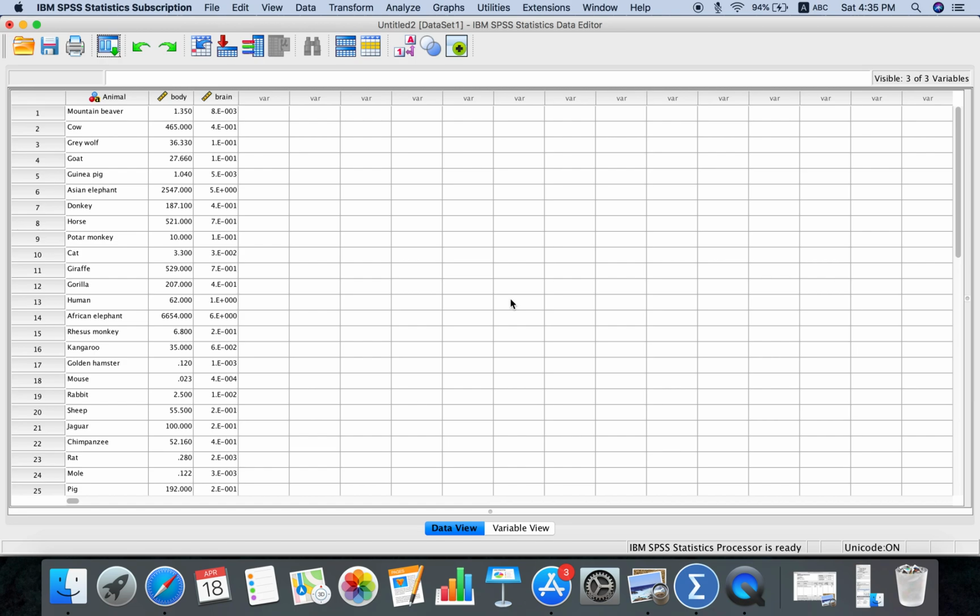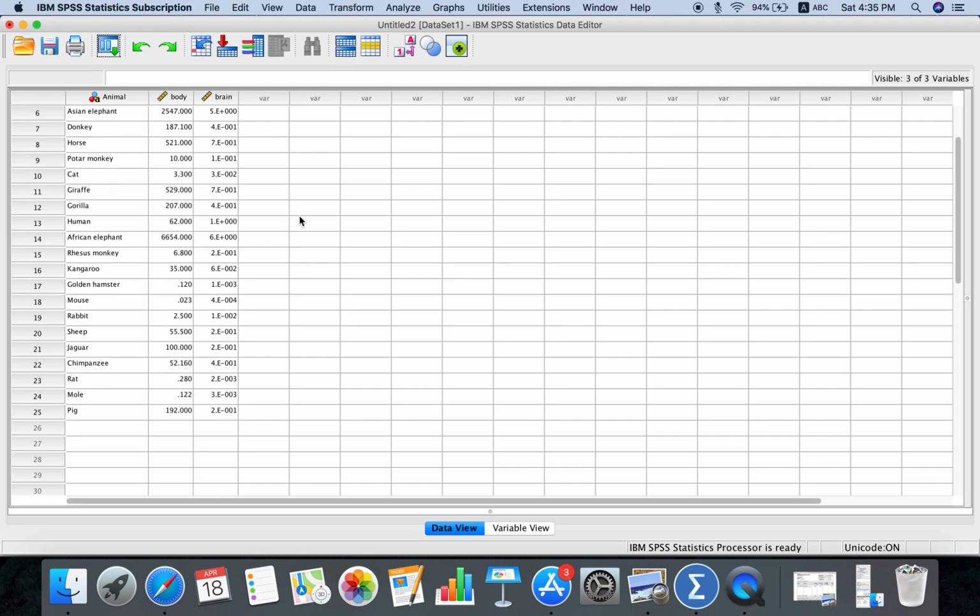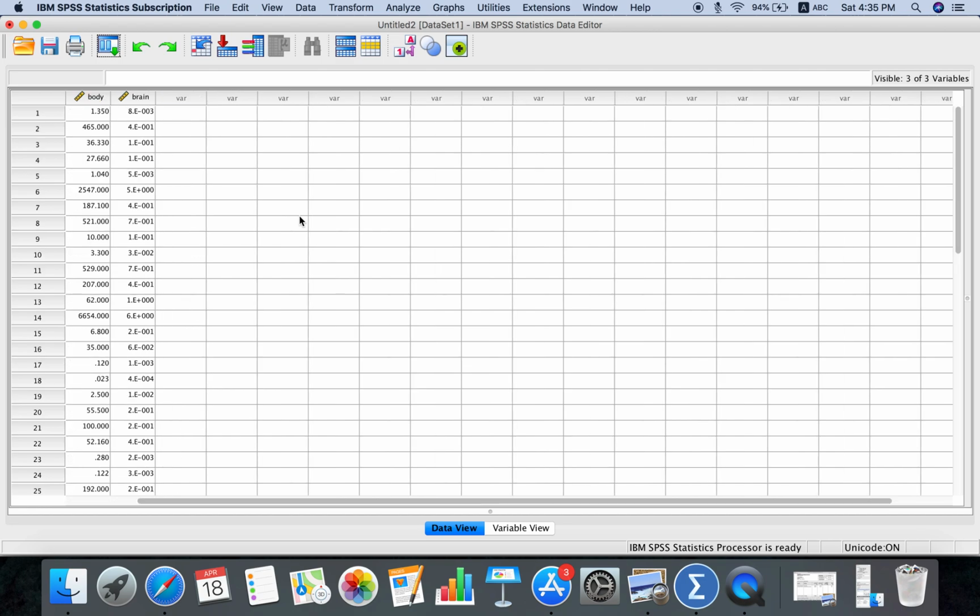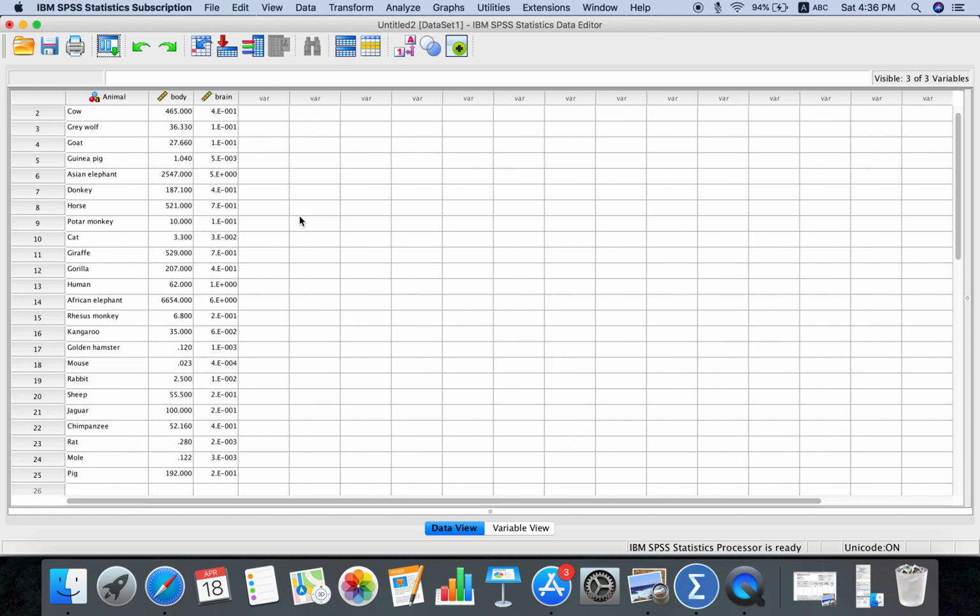If you look at the data, it contains brain and body mass information for 25 animal species. You can see a cow, gray wolf, goat, and so on. The body mass is given in kilograms and the brain mass is given in kilograms as well.